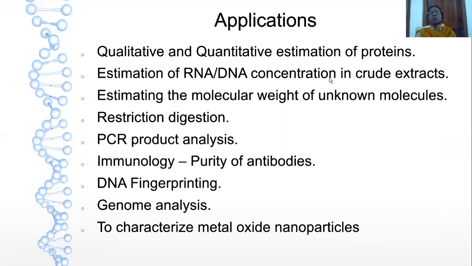For instance, you have extracted some protein from a leaf sample, or some protein or DNA from a tissue sample. In order to obtain the concentration of RNA and DNA from the crude extracts, we can use electrophoresis. Apart from this, it is used for estimating the molecular weight of unknown molecules.